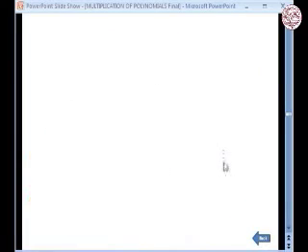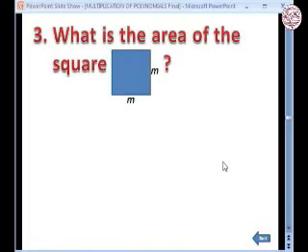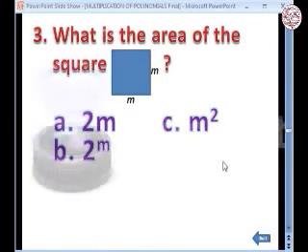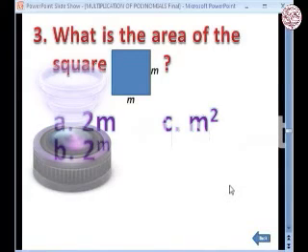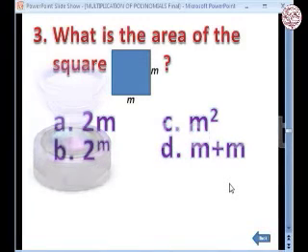And the last question for our review. What is the area of the square given? A, 2m. B, 2 raised to m. C, m squared. Or D, m plus m. I'll give you 3 to 5 seconds. Okay. Here we go.